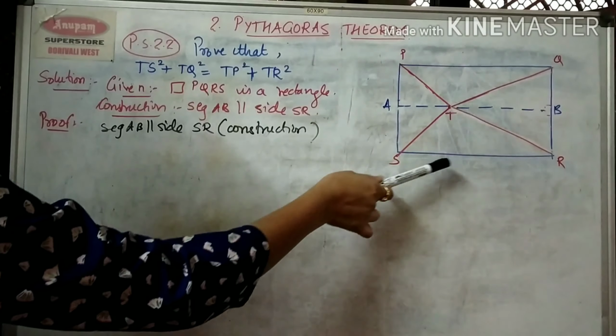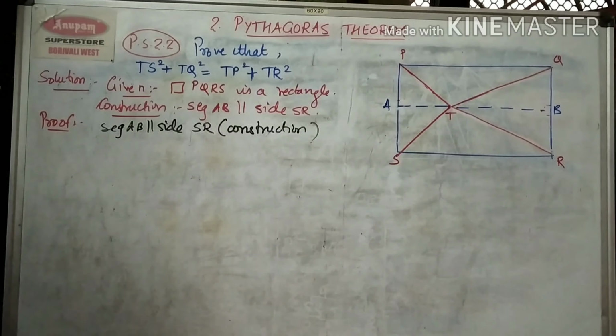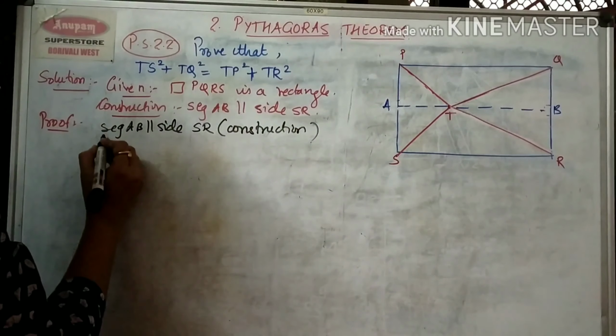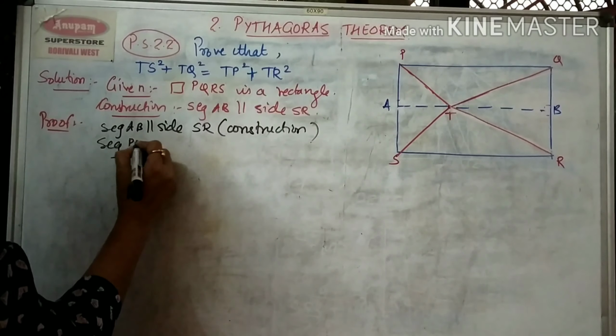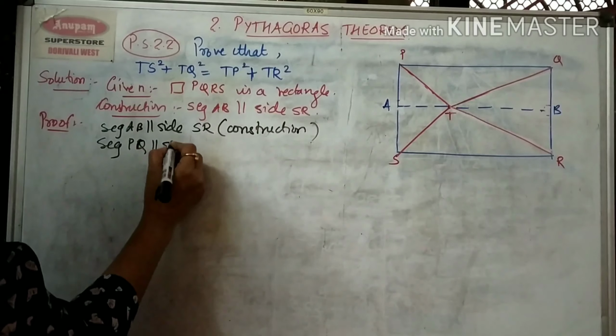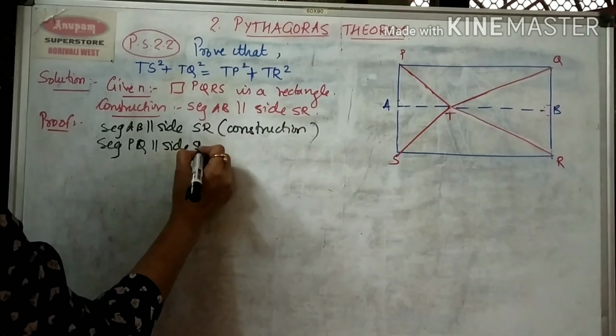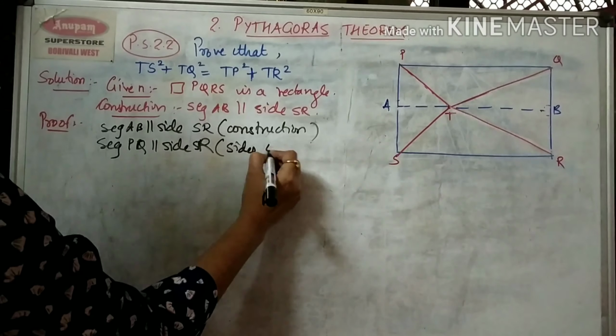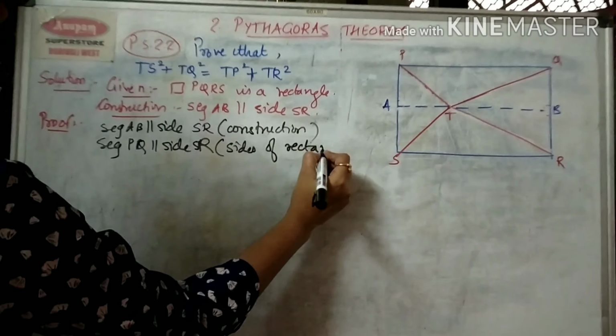Also seg PQ will be parallel to SR, children, since these are the opposite sides of the rectangle, and the property of a rectangle says that the opposite sides of the rectangle are always parallel and equal to each other. So from that I will say seg PQ is parallel to side SR, sides of rectangle.